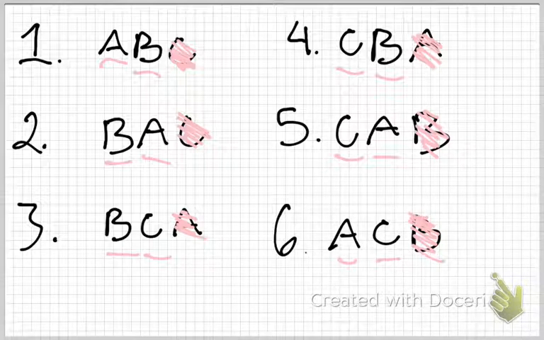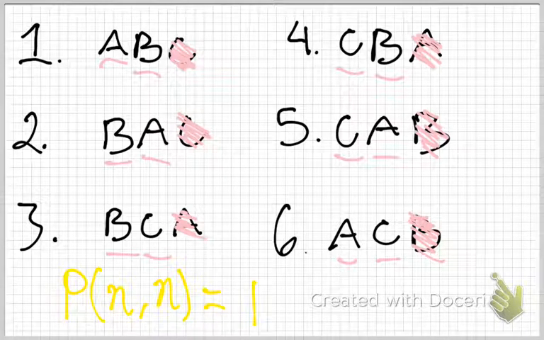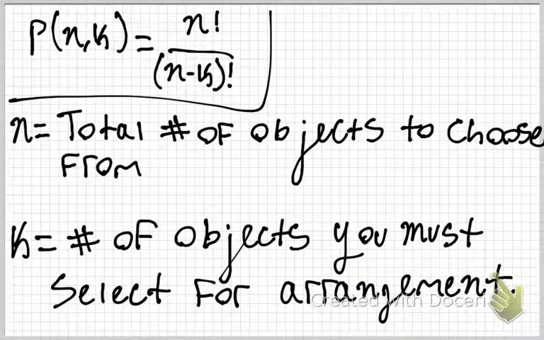In general, P(N, N) is equal to P(N, N minus 1). All right, I'm going to move forward from here to the next page.